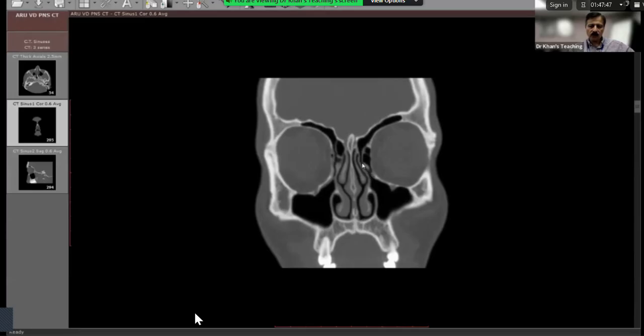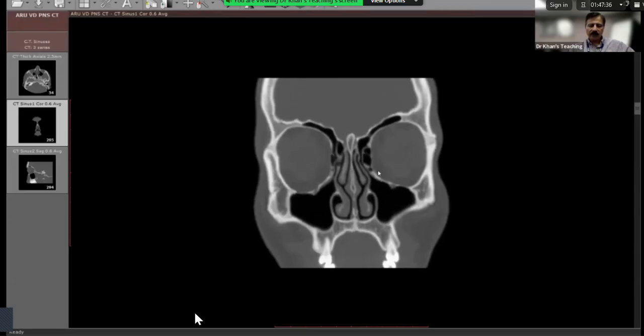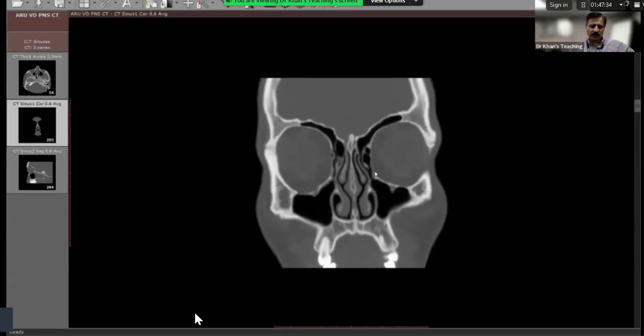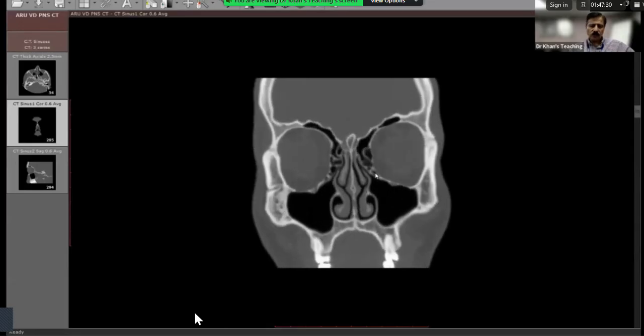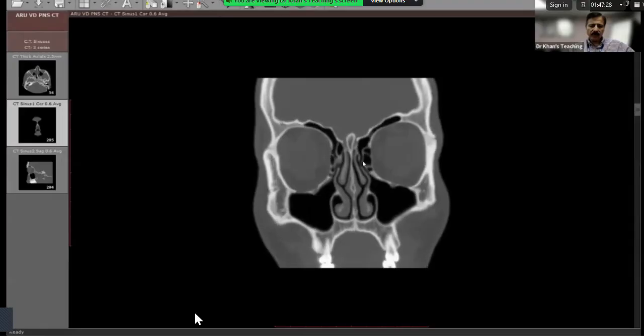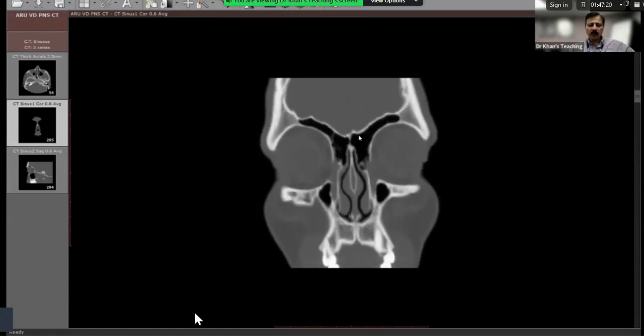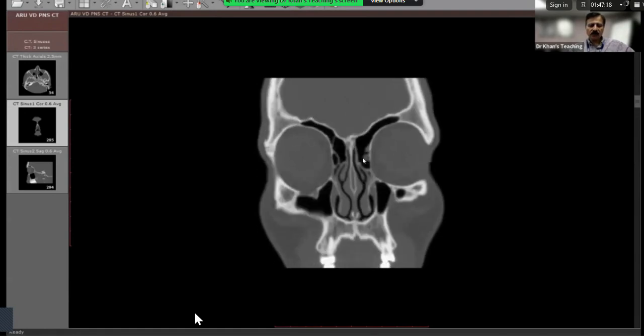Do you see this lucency, which is continuously going like this? So this is the nasofrontal duct. And actually it's a recess type of a thing. And from here, the pathway again is into the middle meatus. And you can see it going like this. So this was the frontal sinus.